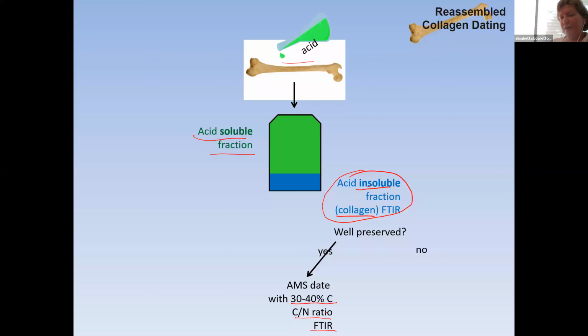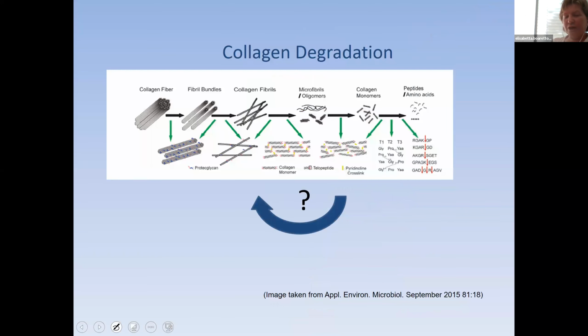What about if you don't have this insoluble fraction? We thought, is there a solution? Can we do anything? Because this fraction we always have. If the collagen has degraded, maybe it has degraded into the soluble fraction.